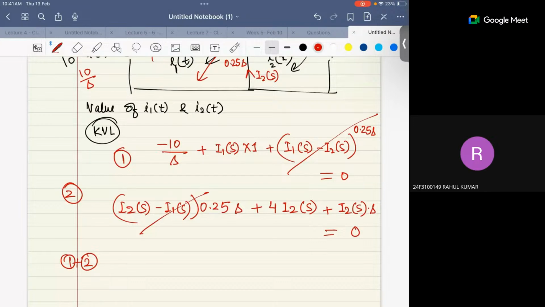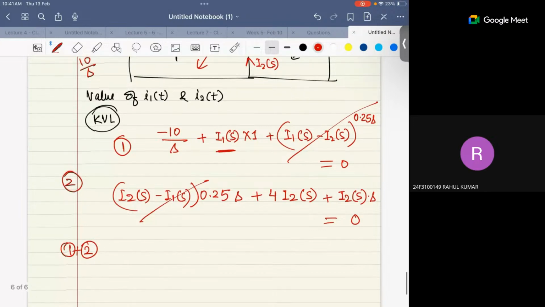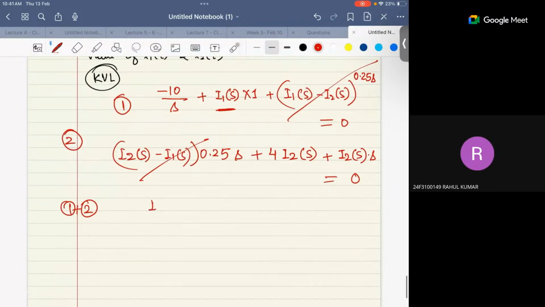You'll get something in the form of I1, I2. From there you can write it as minus 10 upon S plus 4 times I2 plus I1 equal to 0.